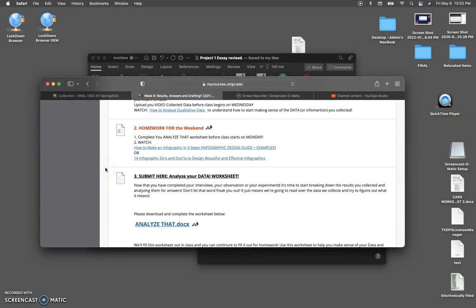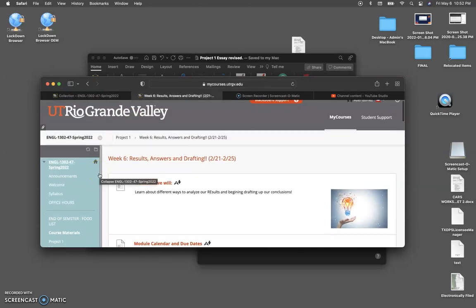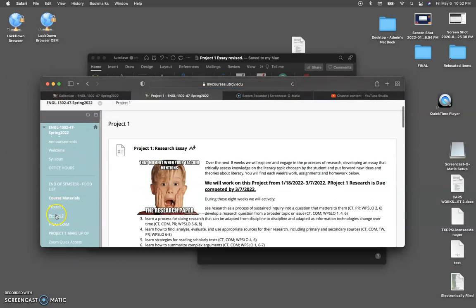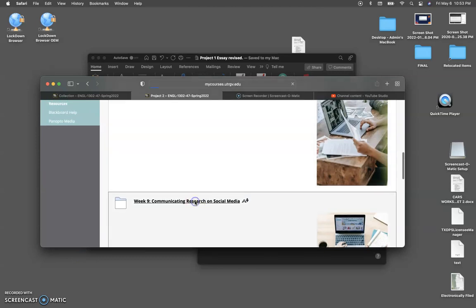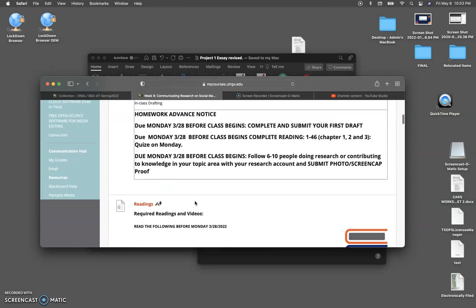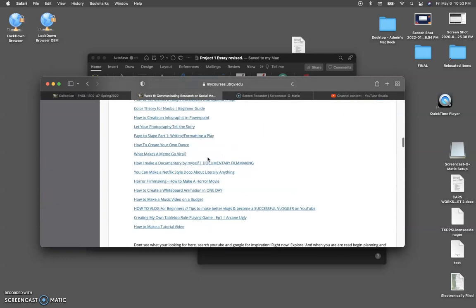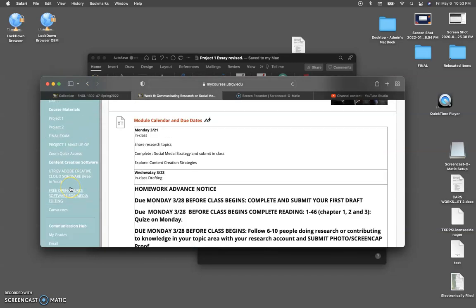I mean, one that I could actually use would be the reading exams, because that's actually a big one. On the reading exams, especially the Unflattening, that's what it was. The reading exam for Unflattening was a pretty good one where we learned to cite, and that's just one that I can use.